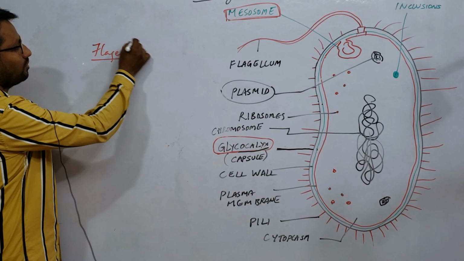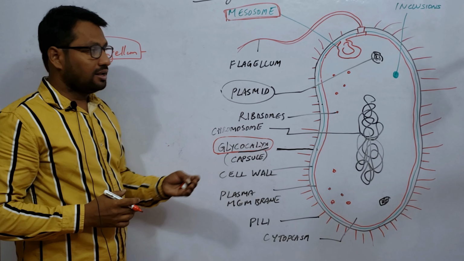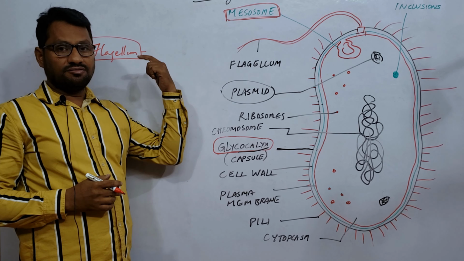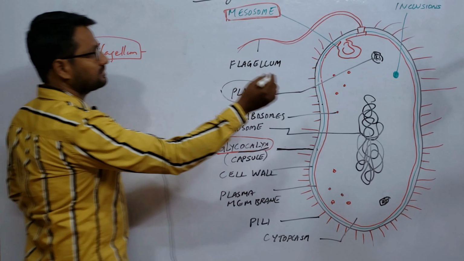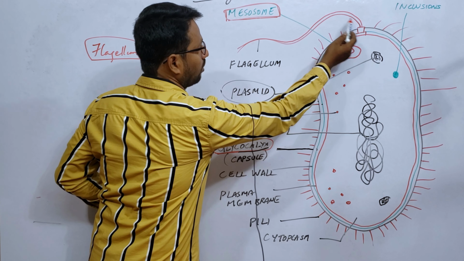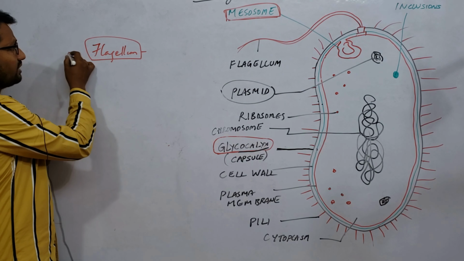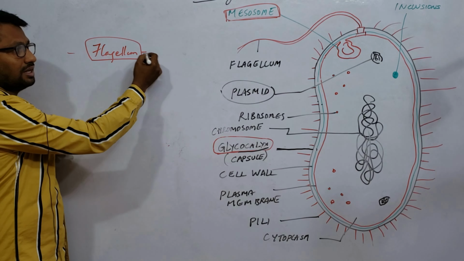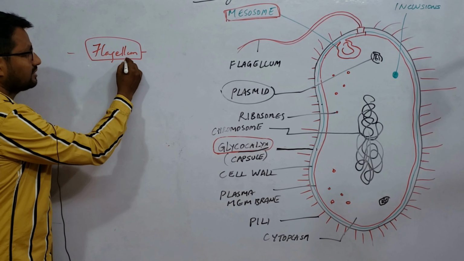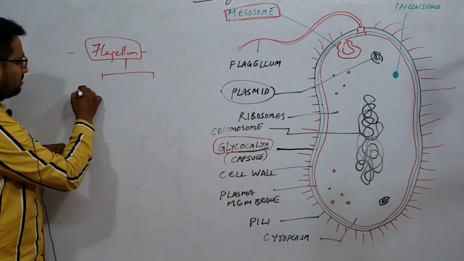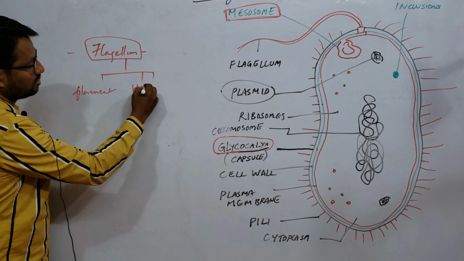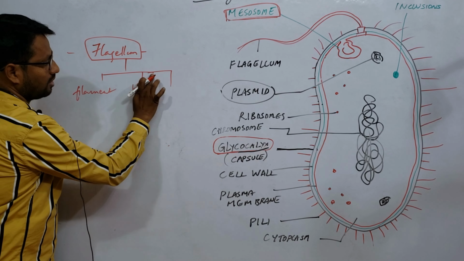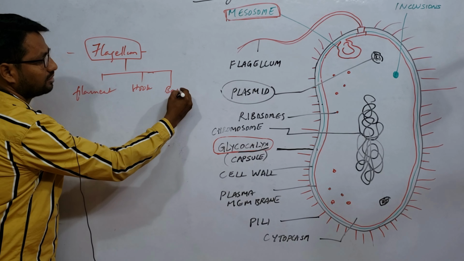It is a filamentous extension from the cell wall, and the filament is the longest part. The flagellum consists of 3 parts: filament, hook and basal body.